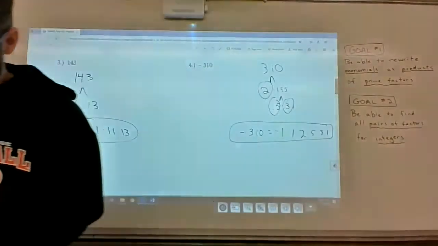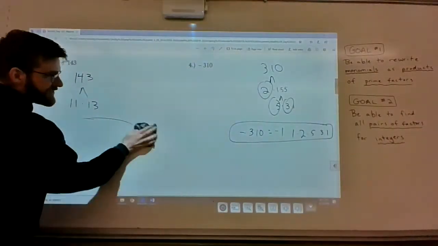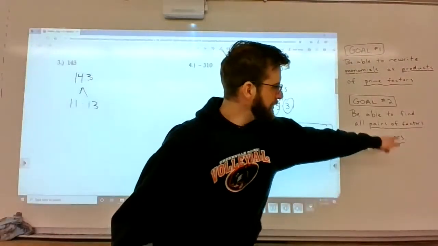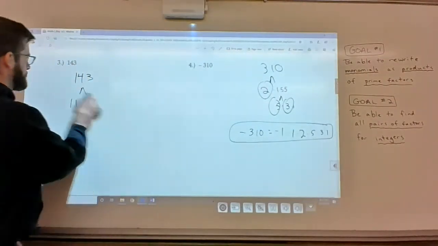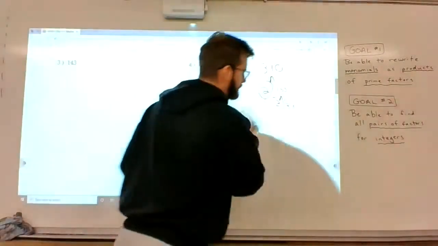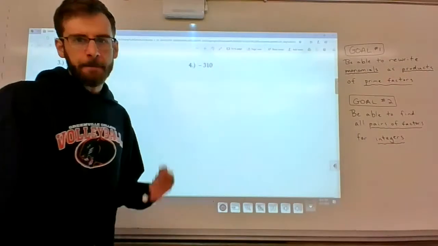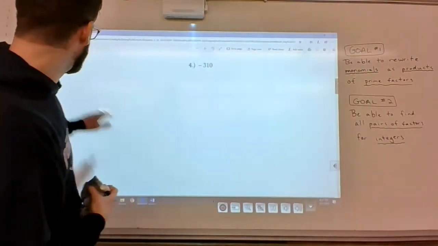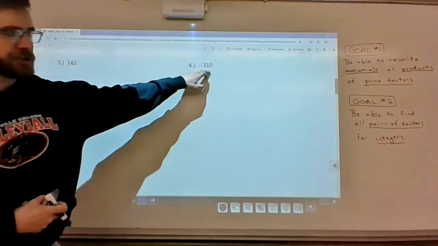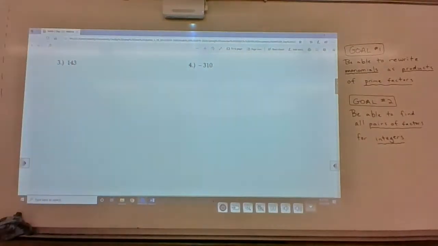Not too bad. Now, what is this business of pairs of factors for integers? Well, if you'll recall, an integer is a positive or negative whole number. So these two are technically integers in and of themselves.